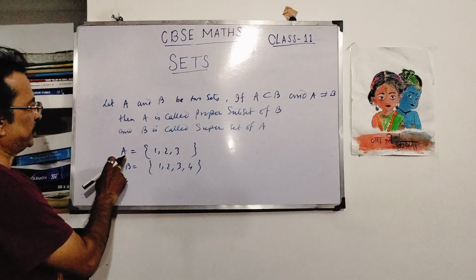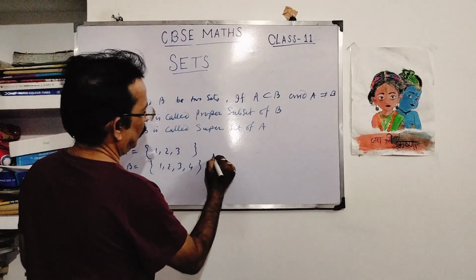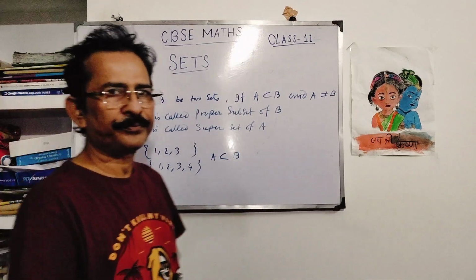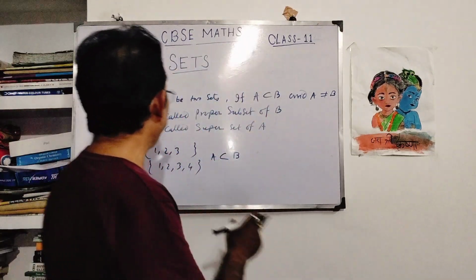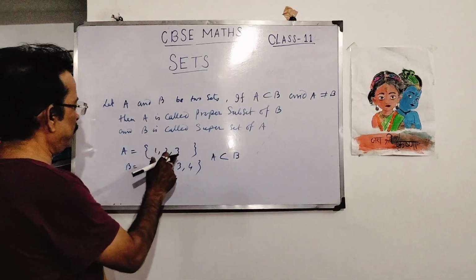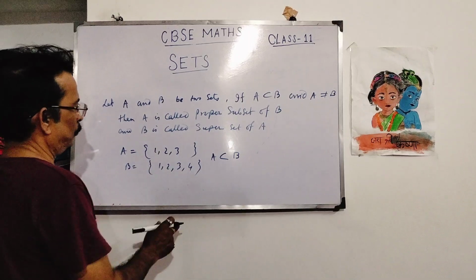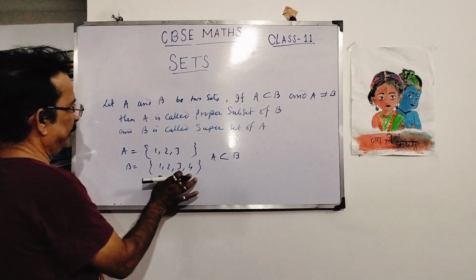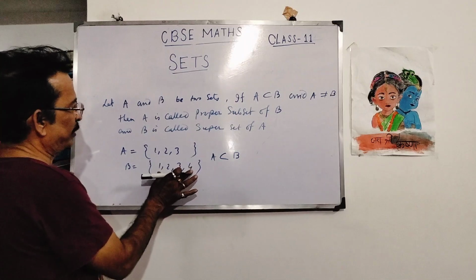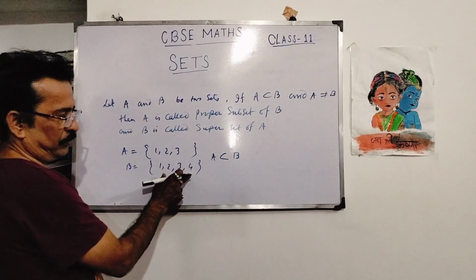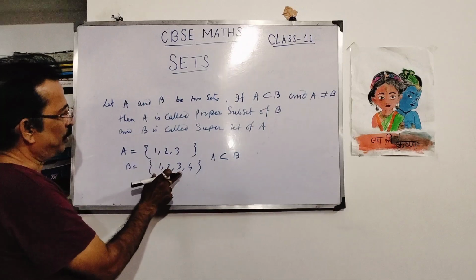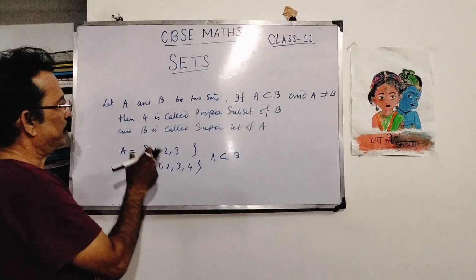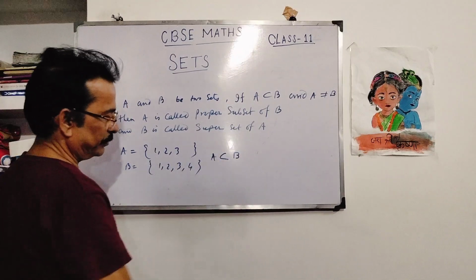So A is a subset of B. B is greater than A because it has an extra element 4, and 1, 2, 3 are similar to A. That's why A is a subset of B. Clear?